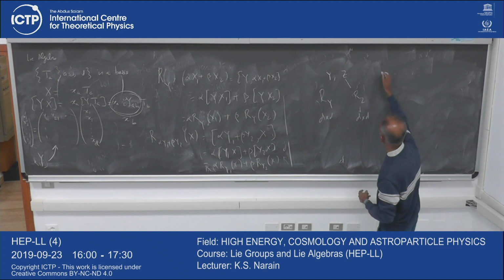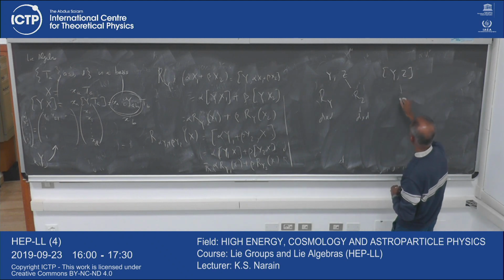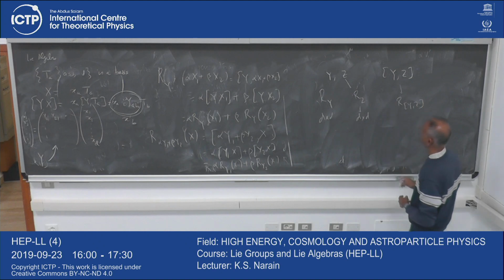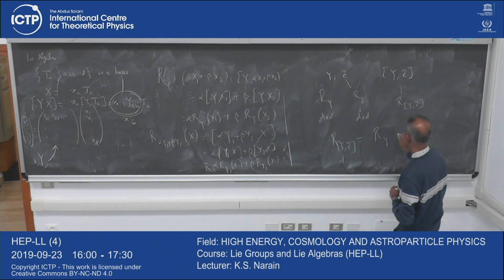But I also have the commutator yz, which is mapped to R of this element, which is again another Lie algebra element. Now the question is, is it true that R_yz is the same as R_y commuted with R_z? This is what we want to check.